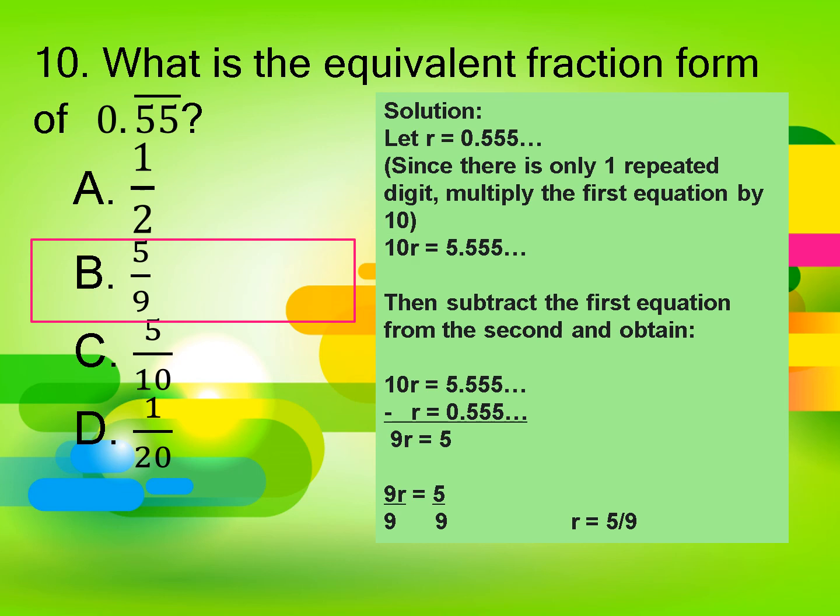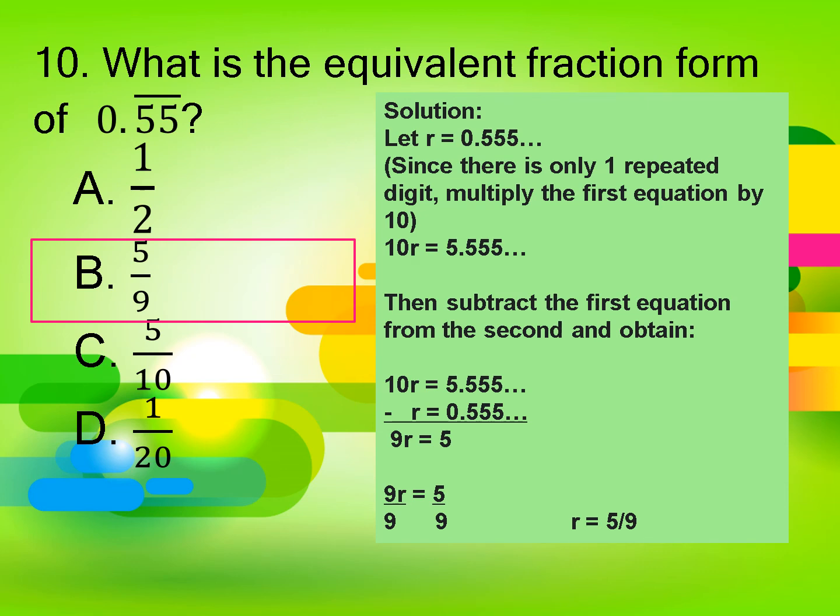So there is another way. We can directly answer what is the equivalent fraction form of 0.55 repeating. We need to determine if it's a repeating decimal. So this bar here means that the number 5 is being repeated.